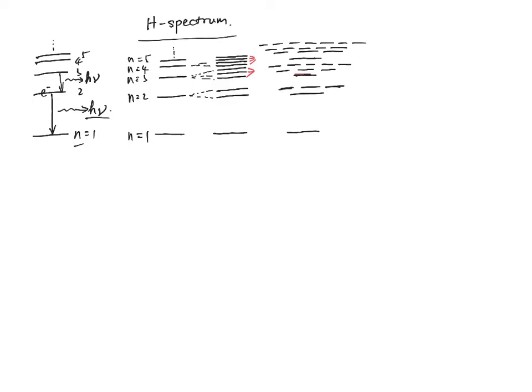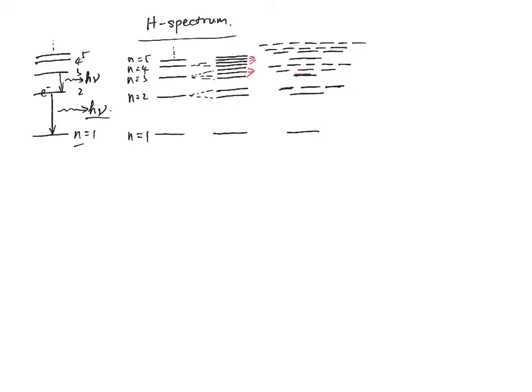Now, what about the higher ones? Same deal. Number 5 would have 5 different energy levels. And those 5 energy levels would have, from the bottom to the top, 1 with no split, 3 split behaviors or regions, 5, 7, and of course then 9.